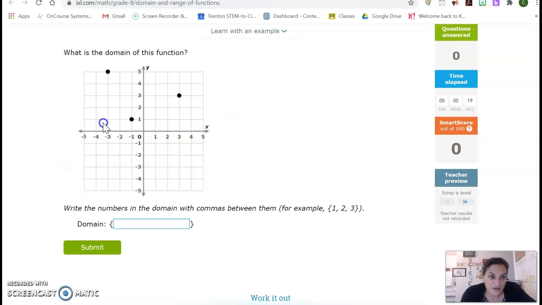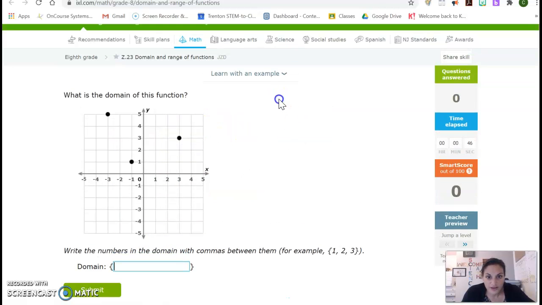So in this one, it goes from -3 to +3 because we're looking at the horizontal axis. And if they asked for the range, you would ask for just the -1, I'm sorry, +1 up to 5. Okay? So that's the domain and the range, your x's and your y's. Okay? If you get stuck, you can always click Learn with an Example.